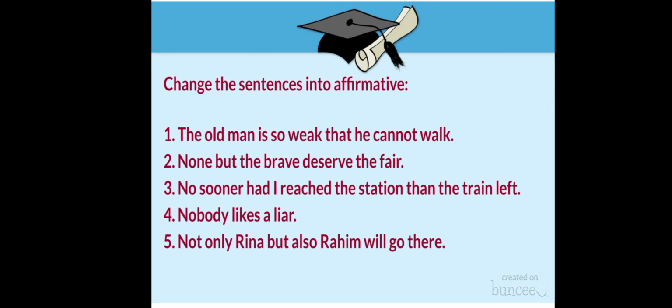Number 1, the old man is so weak that he cannot walk. Number 2, none but the brave deserves the fair. Number 3, no sooner had I reached the station than the train left. Number 4, nobody likes a liar. Number 5, not only Reena but also Rahim will go there.